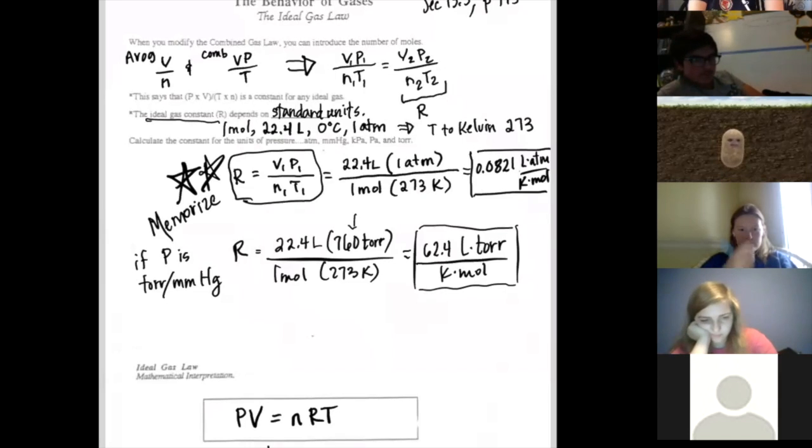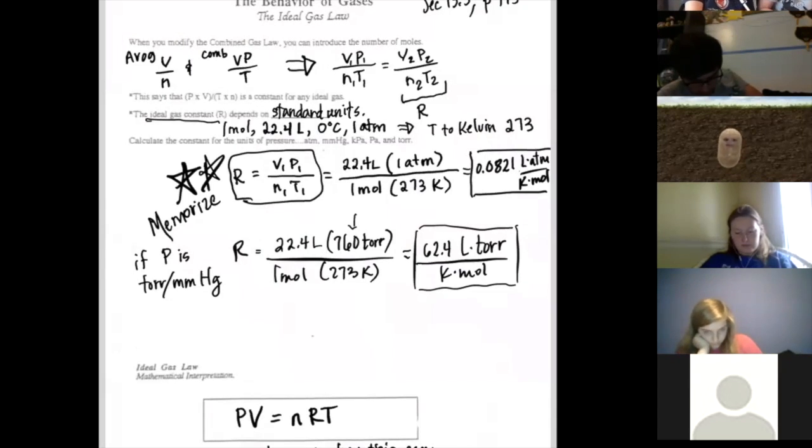Most gases obey the ideal gas law, or this equation, at pressures of approximately 1 atmosphere or lower, when the temperature is 0 degrees and higher.